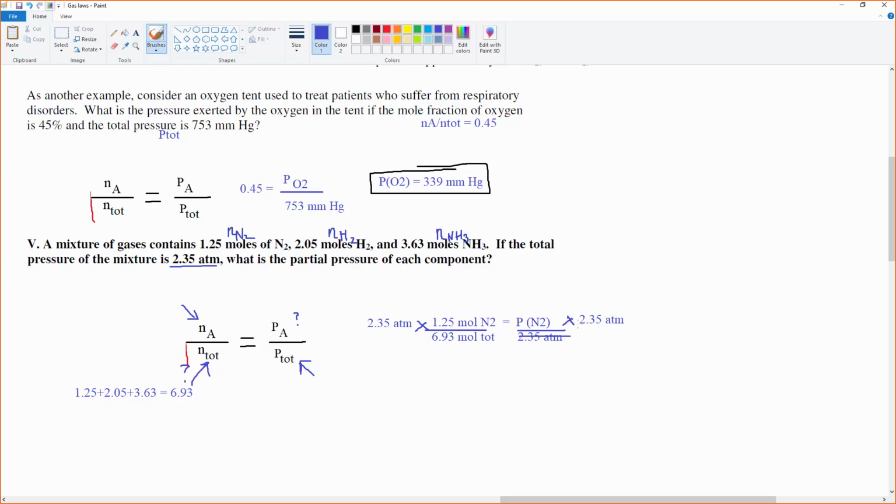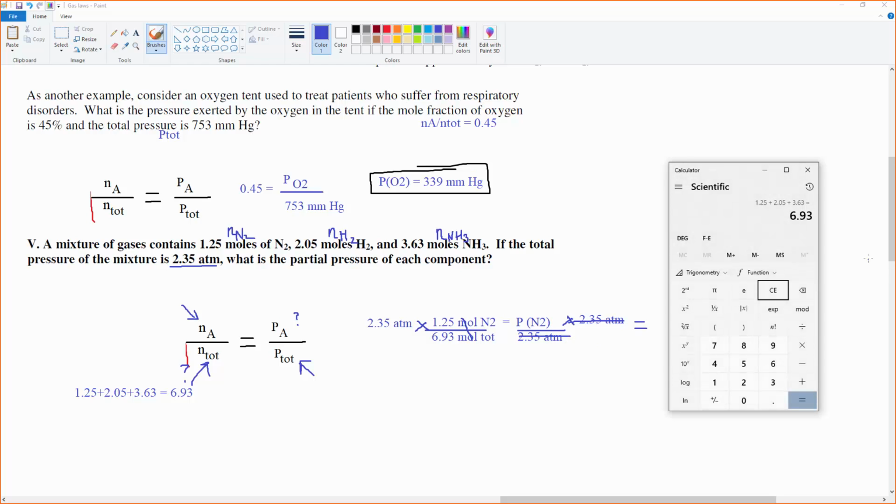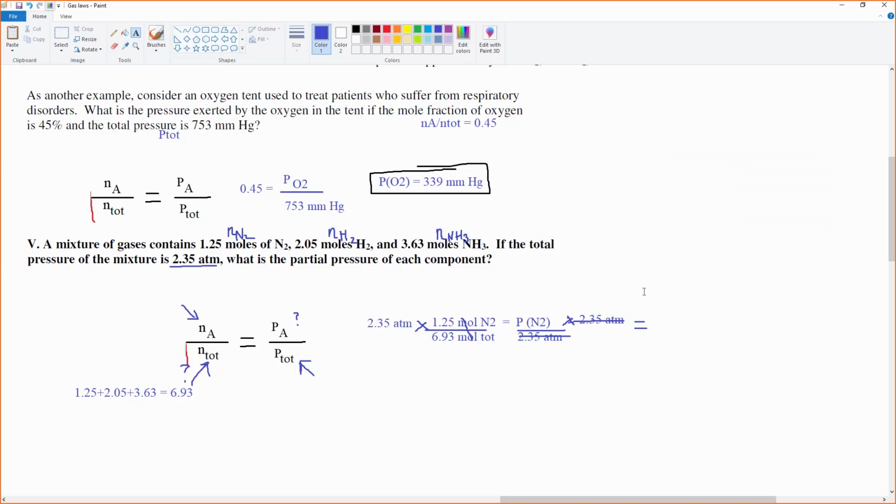And so those will cancel, and your moles cancel, right? And you're left with atmospheres of nitrogen. So 2.35 times 1.25 divided by 6.93. Yeah, 0.424 atmospheres of pressure for the nitrogen.